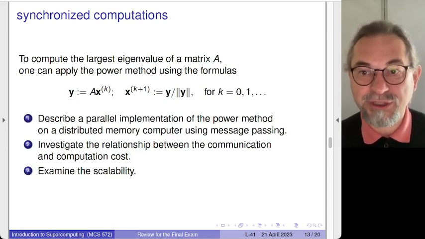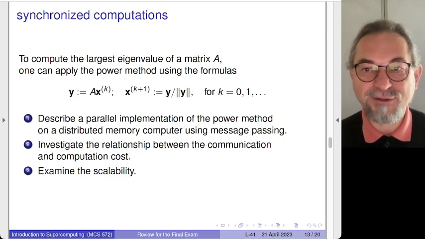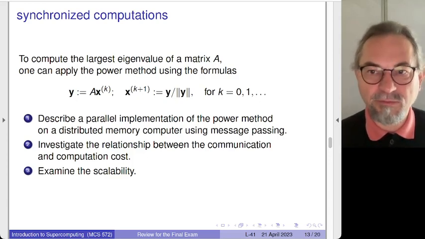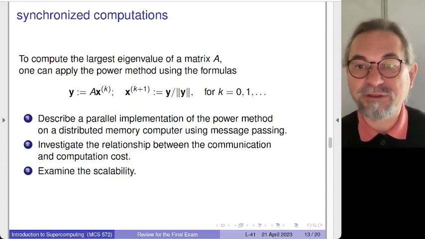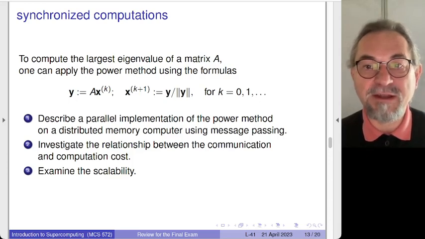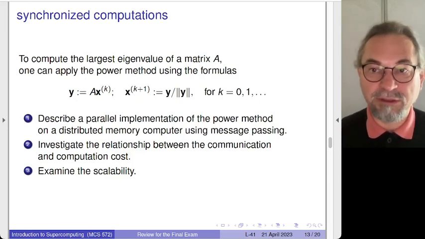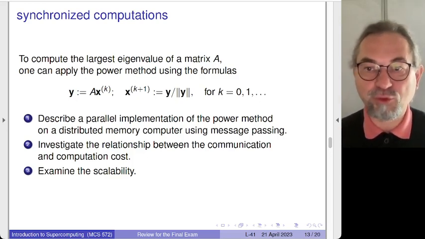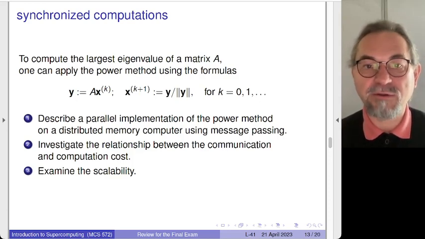This course follows numerical analysis. If you would not normalize, and the largest eigenvalue were larger than 1, you would essentially be computing something that diverges to infinity. The vector that you are computing is parallel to the vector that corresponds to the dominant eigenvalue. So the normalization step is important.